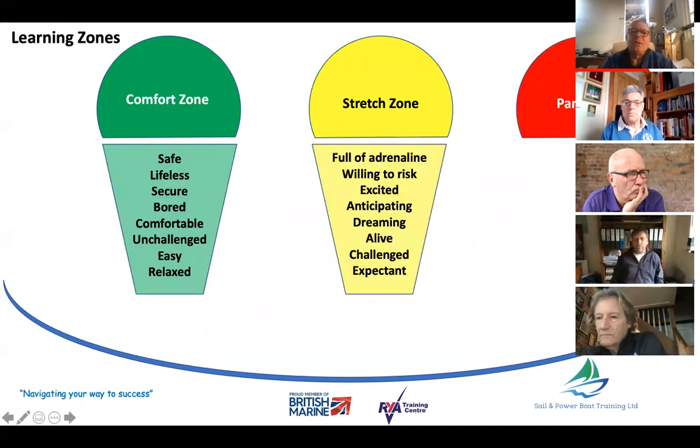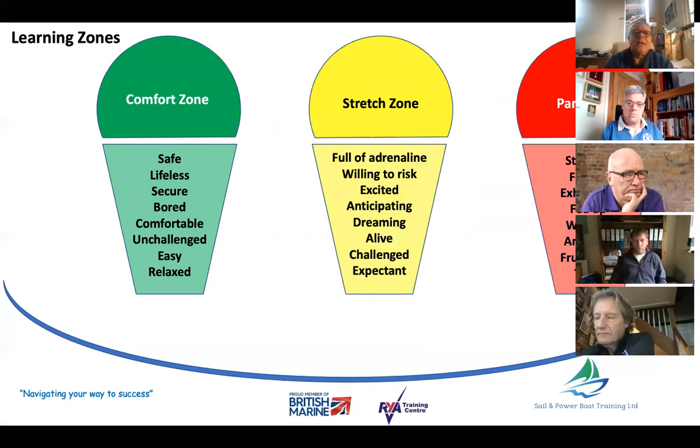If they're safe, they're going to be in a comfort zone: lifeless, secure, bored, comfortable. You can see it quite often in how your students are reacting with you and with fellow students. Stretch zone: full of adrenaline, willing to risk, excited, anticipating, dreaming, alive, challenge. Then the panic zone: stressed, fearful, exhausted, fed up.